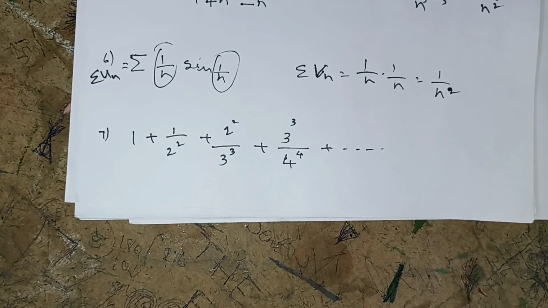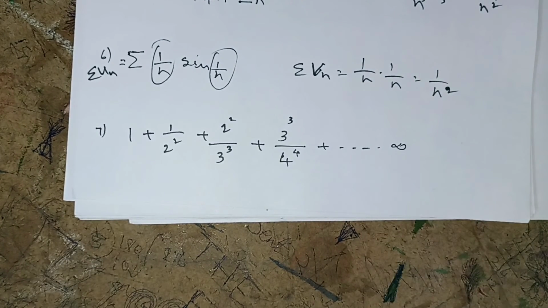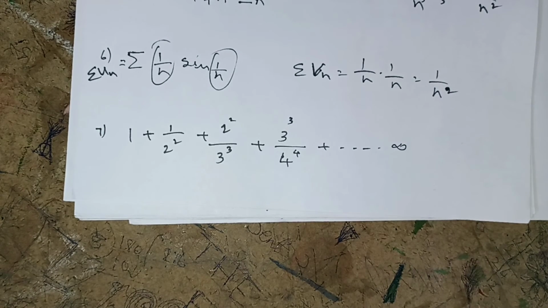By omitting the first term or omitting one term, you never get any type of difference. You will get the same value only. By subtracting one term, or by neglecting one term, the given infinite series remains the same. By adding one term also, the given infinite series remains the same.